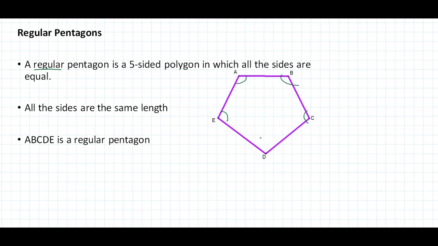So let me do this right here to show that all these angles are equal. I'm going to draw a line just to show equality here, and then all the sides are also equal. So when you see a regular polygon, that's what it simply means. All sides are equal, all angles are equal.